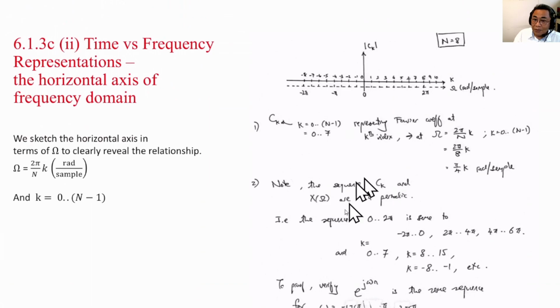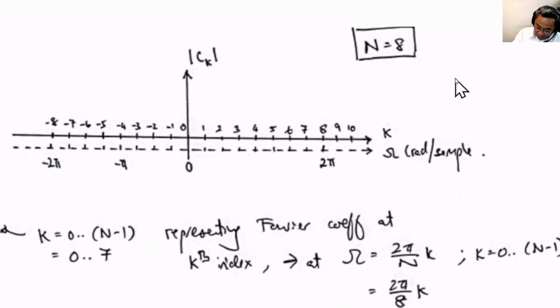Right. So now let us see the relationship of k to omega, radians per sample. If we have k equals 0, 1, 2, 3, up to, in this previous example of N equals 8, what we see is that we label c_0, c_1, and in fact, we're only interested in c_0 up to c_(N-1), for the magnitude and the phase.